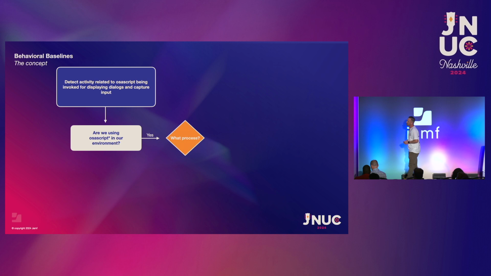If that's the case, cool, then we need to ask ourselves, what processes do we expect to invoke AppleScript? It could be Jamf, potentially another MDM that might be invoking that AppleScript.